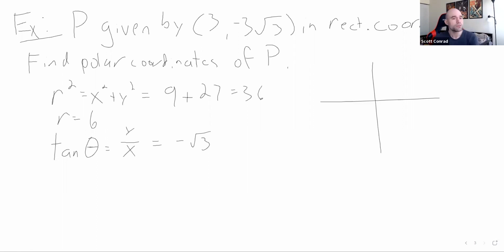Okay, so here's the thing. There are actually two angles, if you're not counting the plus or minus 2 pi multiples, where tan theta is negative root 3, right? So we know tangent is positive here and here, and negative here and here.